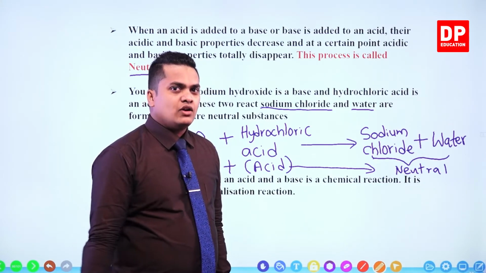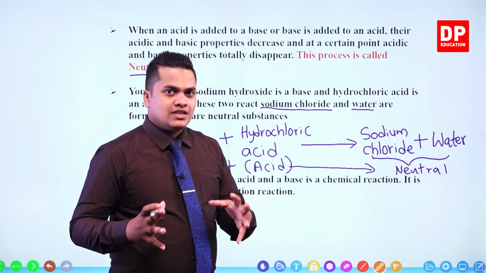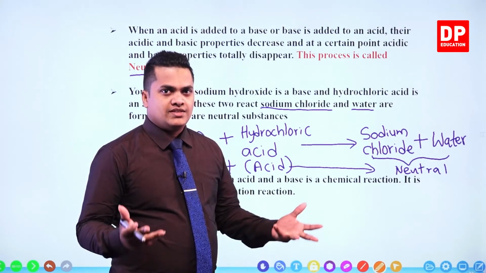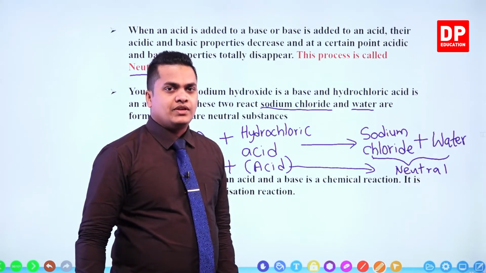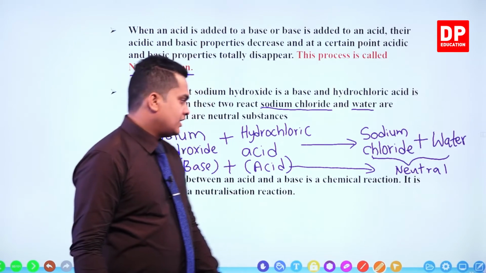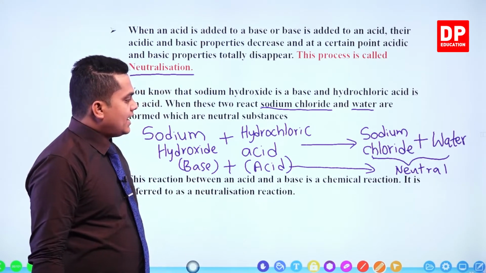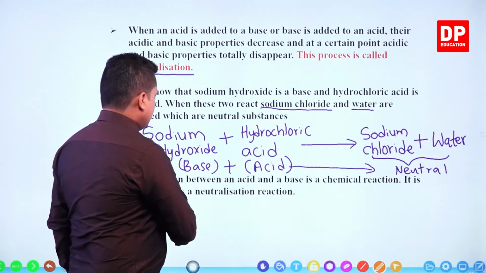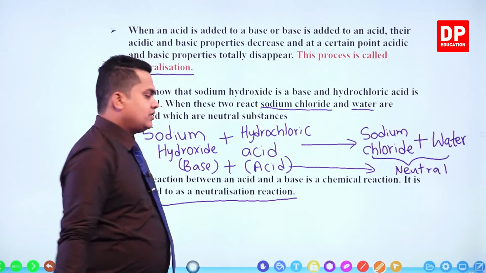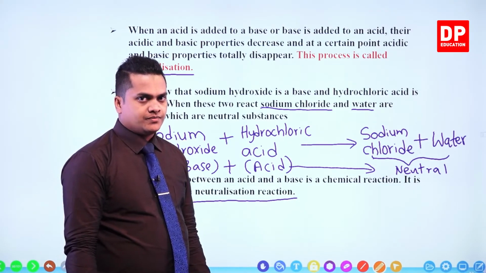By using the color of phenolphthalein. Phenolphthalein indicator changes to colorless. So there is a color change. If there is a color change, you know that it should be a chemical change. So my dear children, this reaction between an acid and a base is a chemical reaction, and it is referred to as a neutralization reaction.